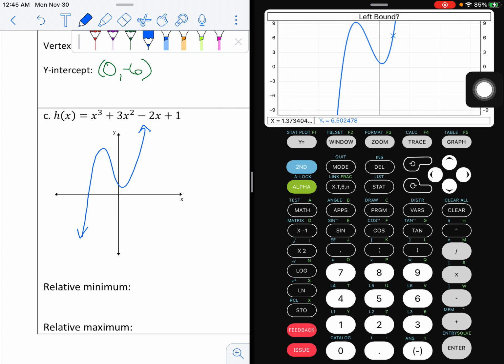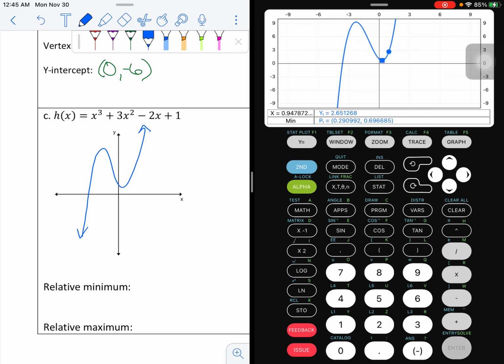And eventually, you will see this little blue X marks the spot. And what I want to do is get this little blue X marks the spot to the left of my minimum. So there it is. Once you are to the left, hit enter. Now it's going to ask you for a right boundary. So just scroll to the right. When you feel like you're far enough to the right, hit enter again.